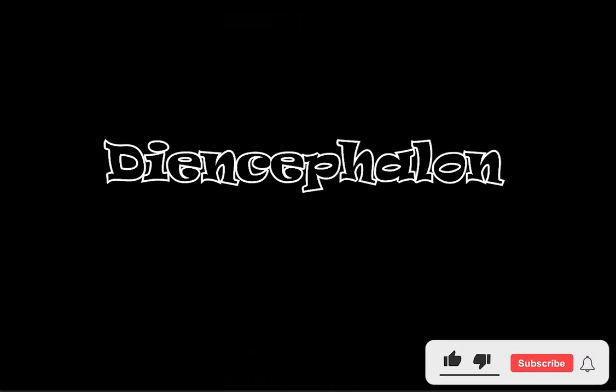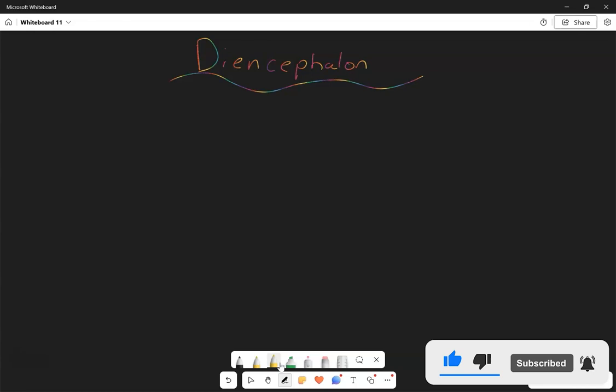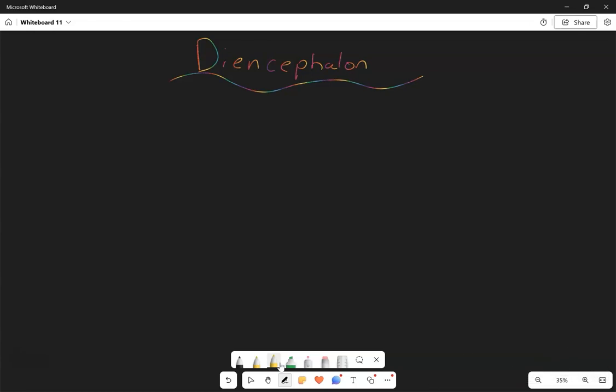The diencephalon is a portion of the brain that is situated between the brainstem and the cerebrum, and it consists of a couple of different parts.